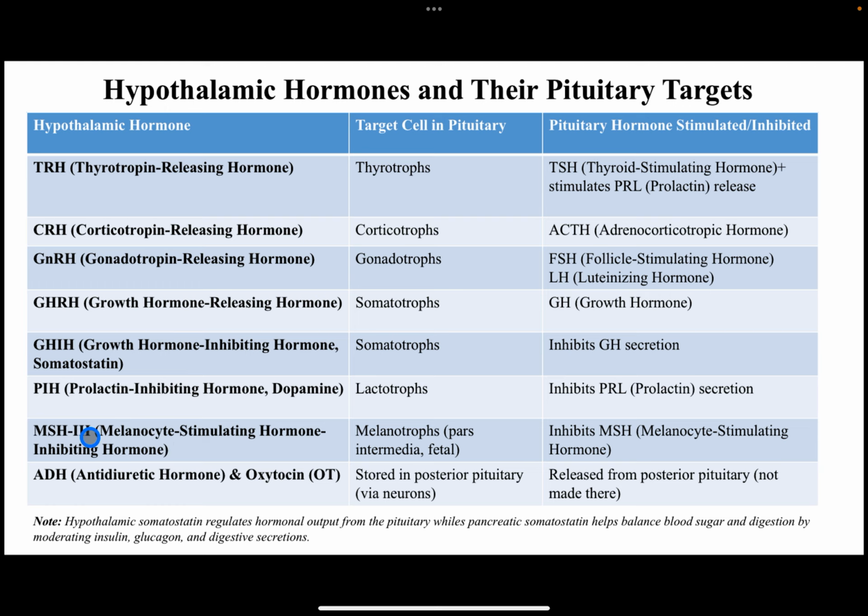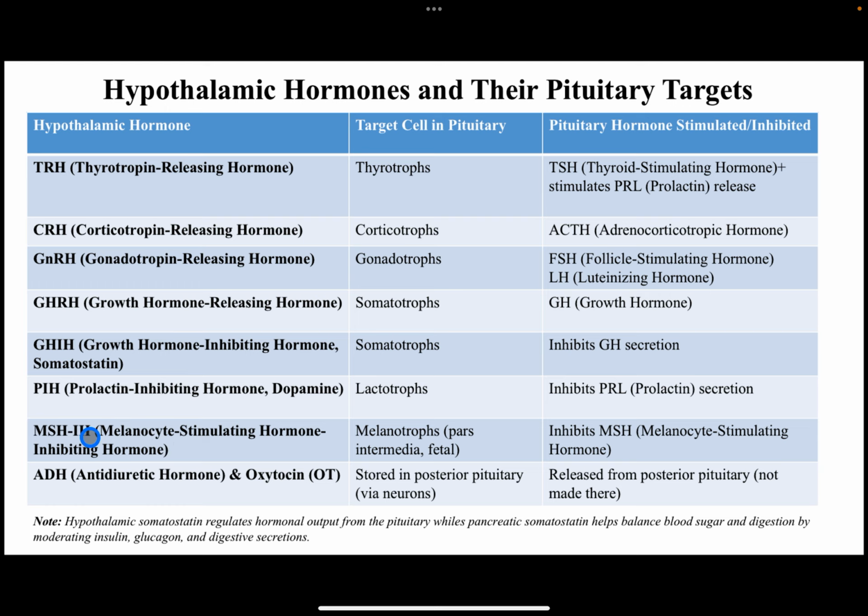When we start looking at the pancreas, you realize that the pancreas also produces somatostatin. But the hypothalamic somatostatin regulates hormonal output within the pituitary gland, whilst the pancreatic somatostatin helps balance blood sugar and digestion by moderating insulin, glucagon, and digestive secretions.